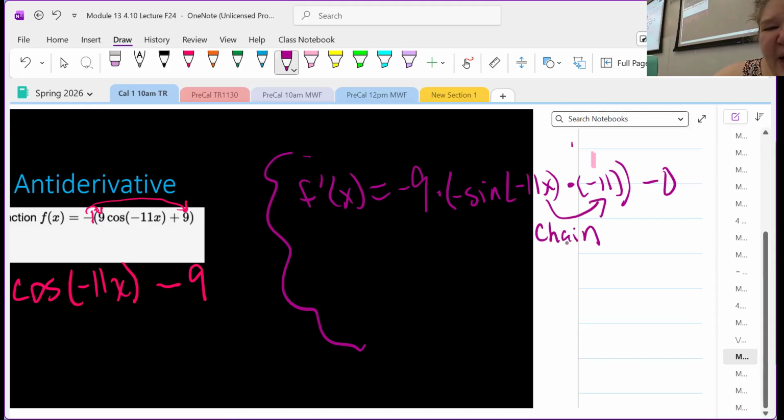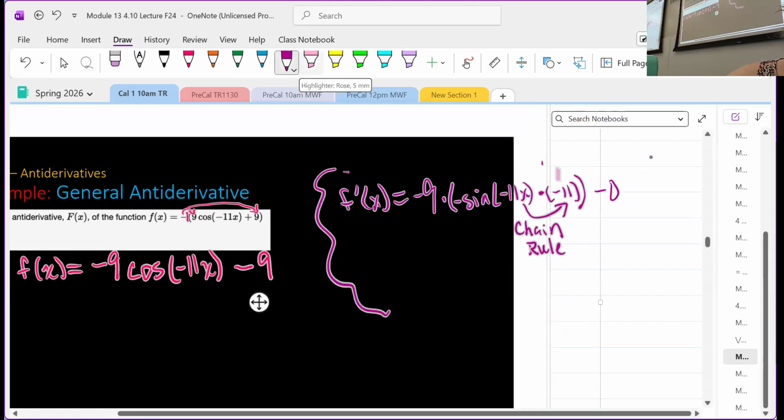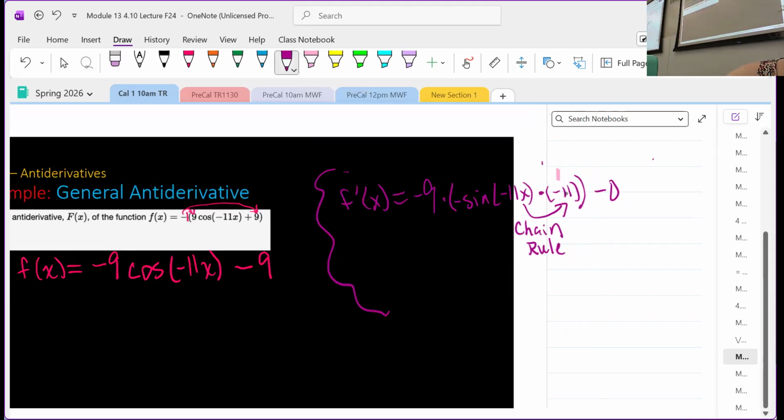So I've got to think about how do I undo the chain rule that showed up in here? Now this particular chain rule, the derivative of the inside is just a constant. So I can do this multiplying by the constant backwards by dividing by that constant.